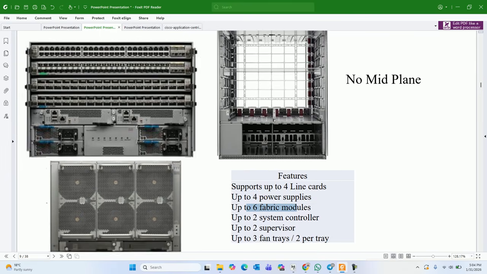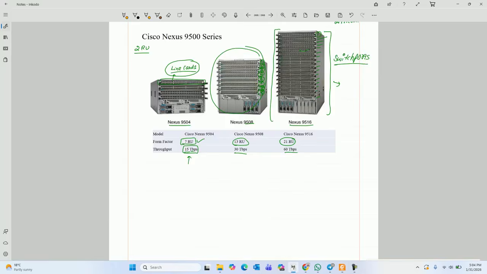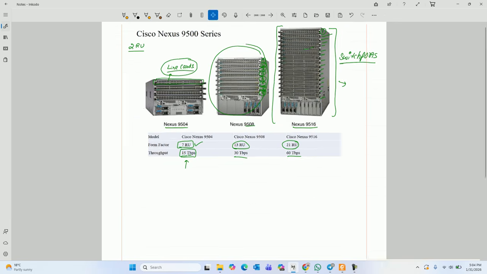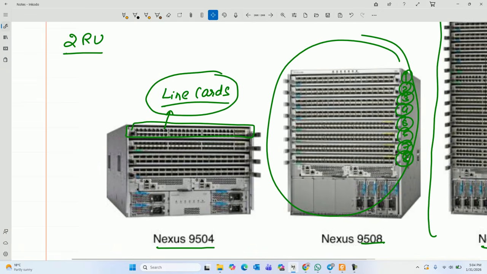So basically, you see that these are the line cards, right? They are separate components. Who will hold all these line cards together? And who will make sure that they have the same data forwarding?